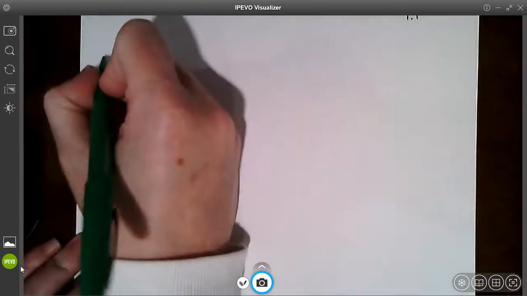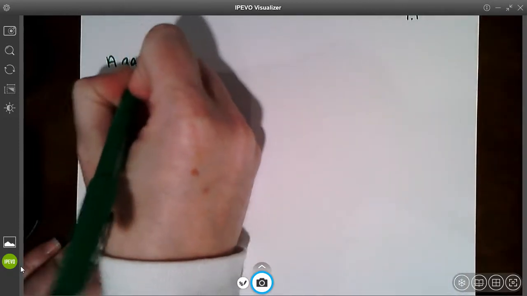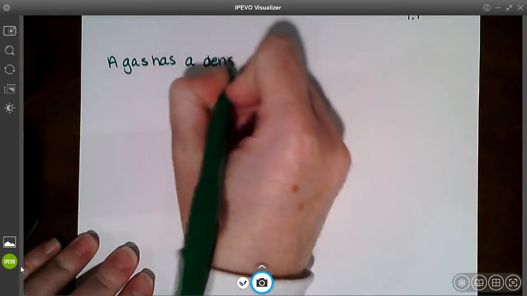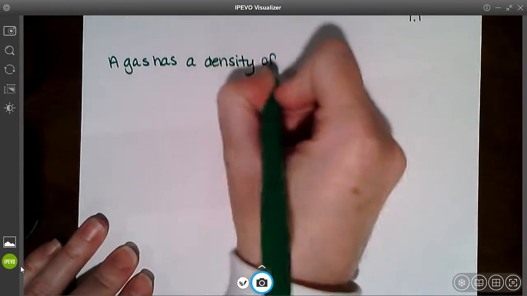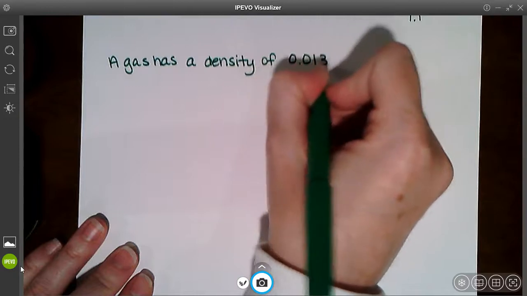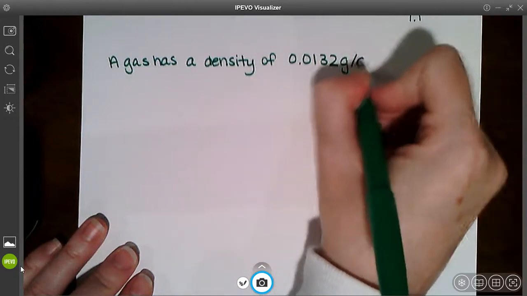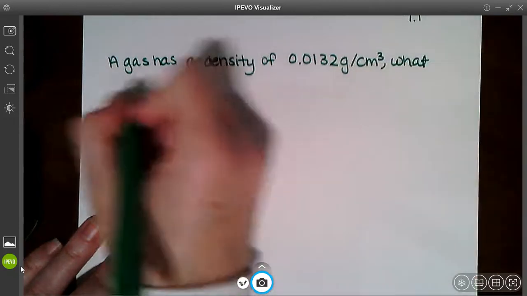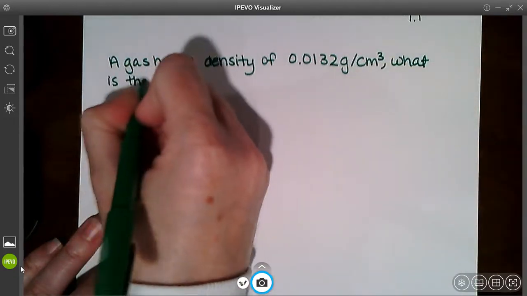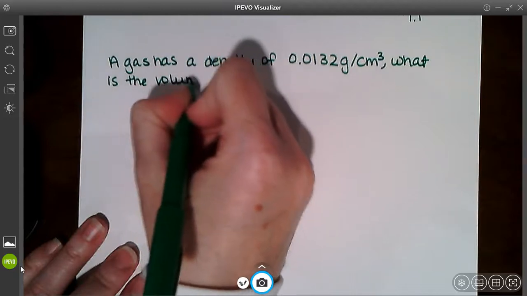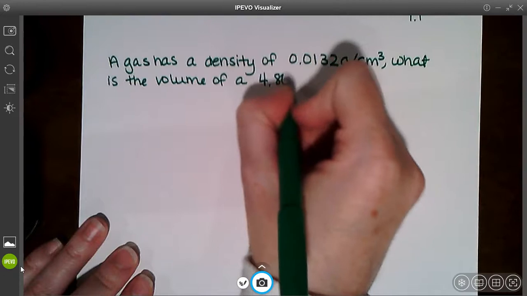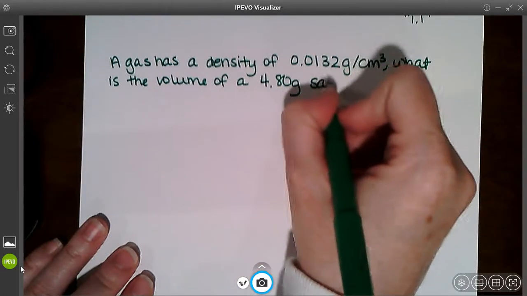The next problem: a gas has a density of 0.0132 grams per centimeter cubed. What is the volume of a 4.80 gram sample?